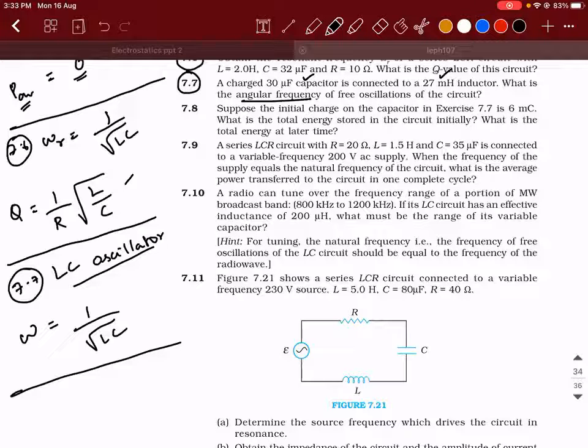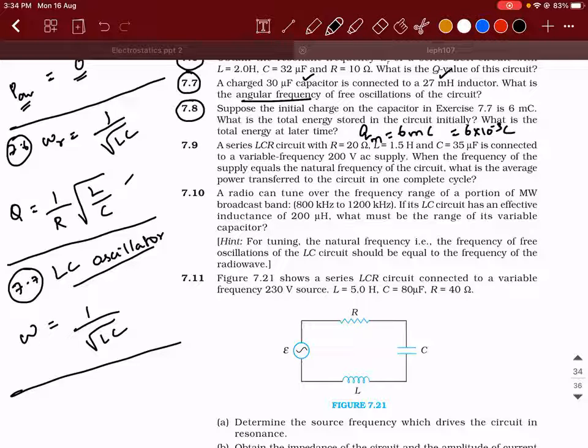Okay. Similarly, 7.8. Suppose the initial charge on the capacitor in exercise 7.7 is 6 millicoulomb. Okay. So initial charge is 6 millicoulomb, or 6 into 10 power minus 3 coulomb. Then what is the total energy stored in the circuit initially? How will you calculate? If you revisit the diagram, initially what will be the total energy present when the capacitor is fully charged?